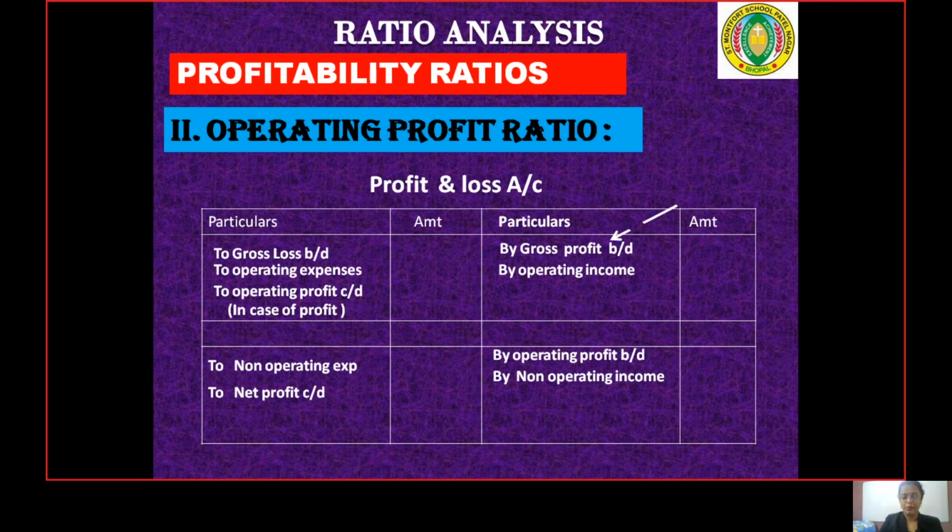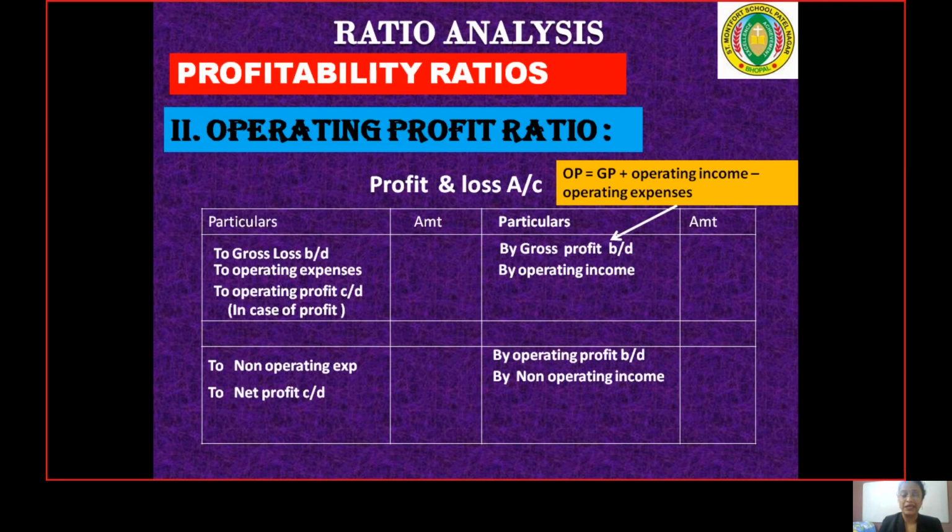Suppose the question gives you gross profit and you are asked to calculate the operating profit. Then the operating profit would be gross profit plus operating income. Why is the operating income added? Because it's on the same side where the gross profit is, that is the credit side.